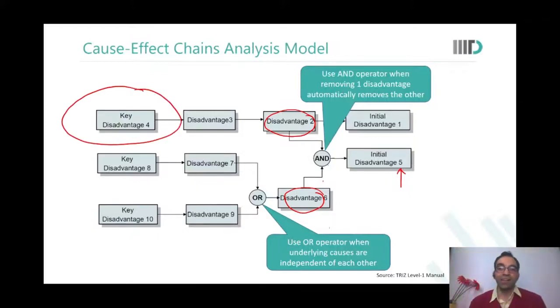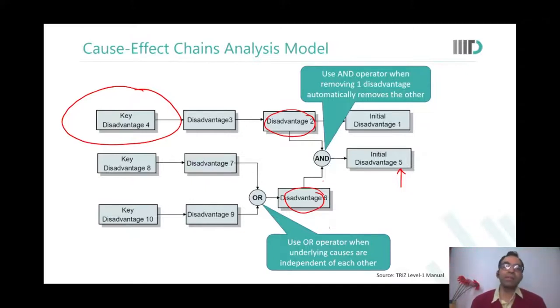You see, there were 2 initial disadvantages. There were 2 major deficiencies in your engineering system, in your product, and there were multiple reasons leading to that. When you do a cause effect chain analysis, in this one it seems there is only 1, but in your system you may arrive at 2 or 3 key disadvantages that you need to solve.